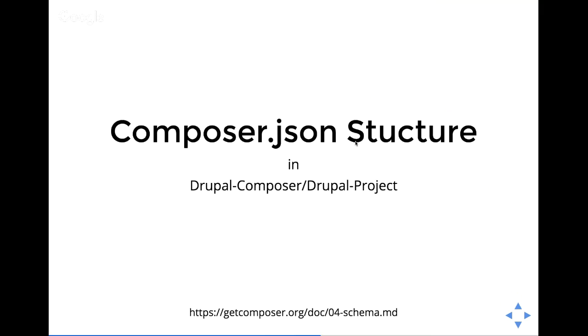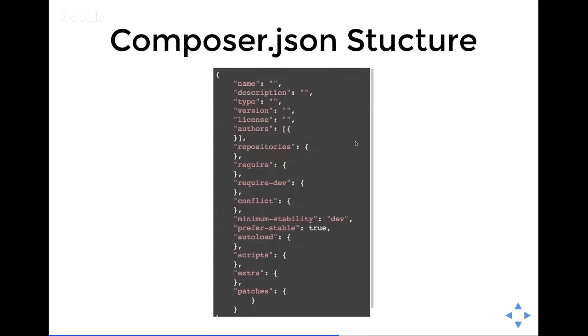So we're going to get into the JSON structure or schema, and the URL at the bottom of the screen is where you can look up all of the schema information for the JSON file. This part here is all of the parts that we're going to be going over. It's broken into about three different sections.